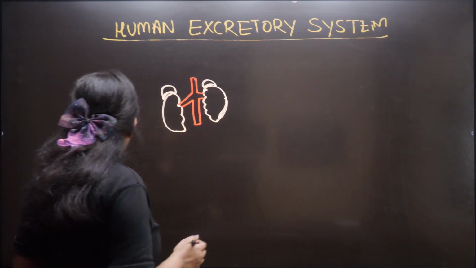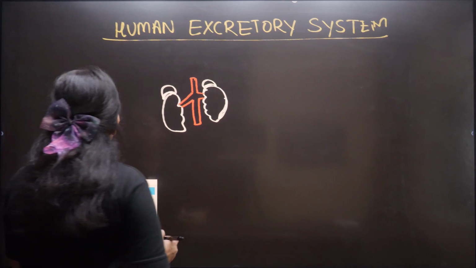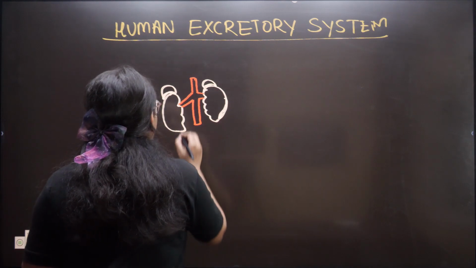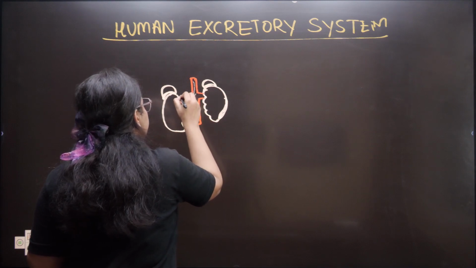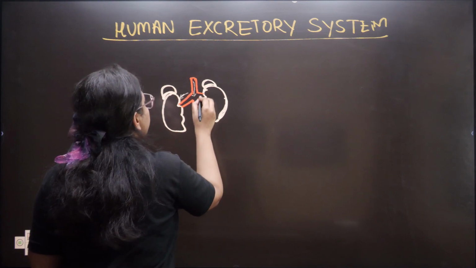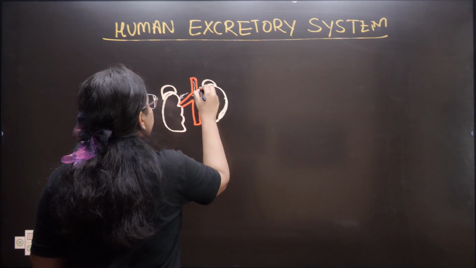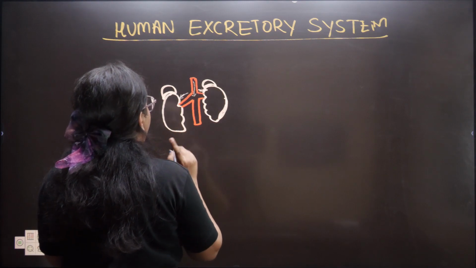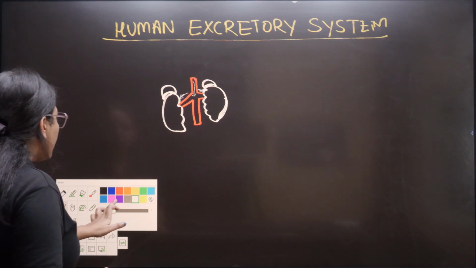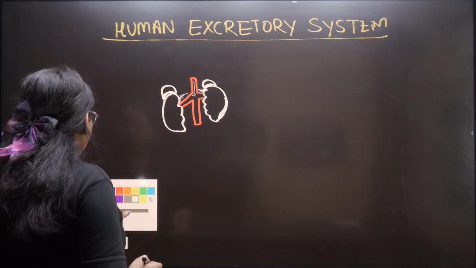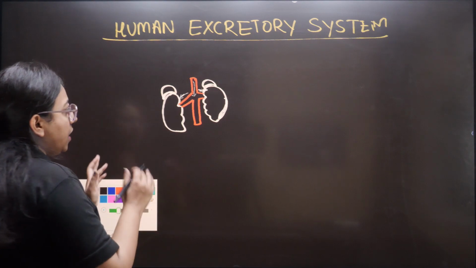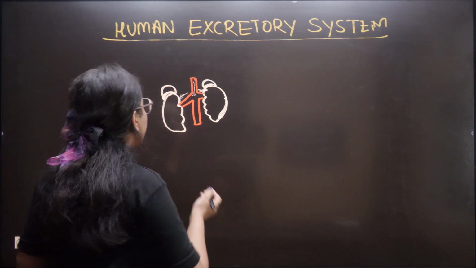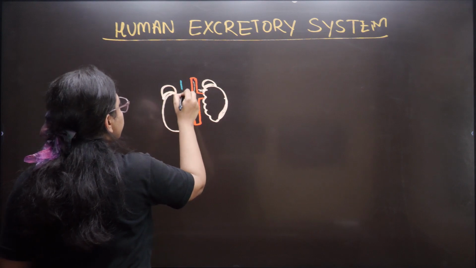You are going to place some arrows, like it is coming inside, getting in this side. The arrow is very important, because you don't have the option of colors.